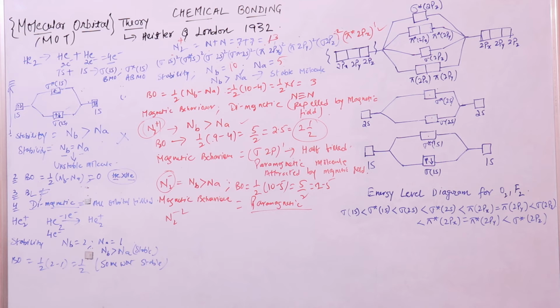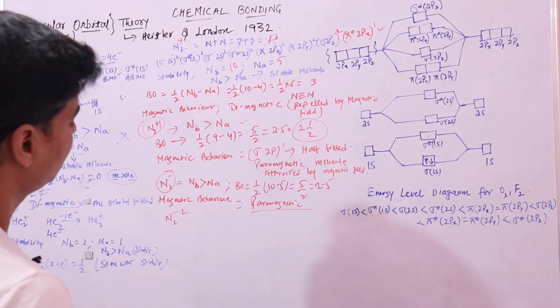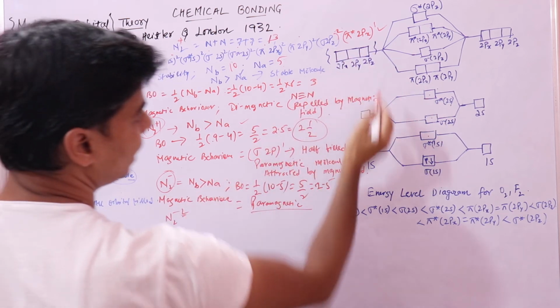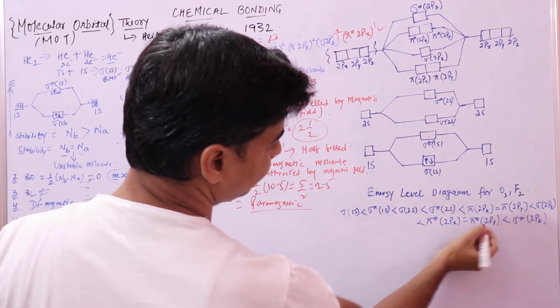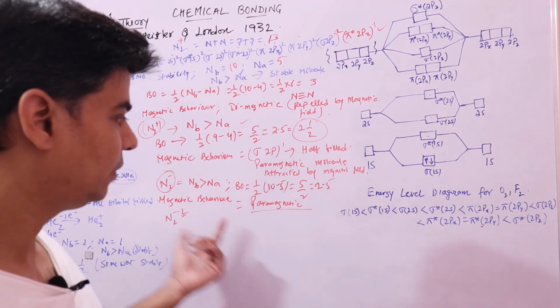The extra electron will be added to this orbital. So what would be its magnetic behavior?